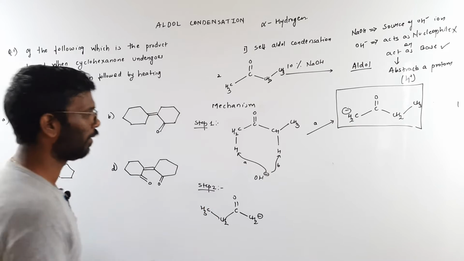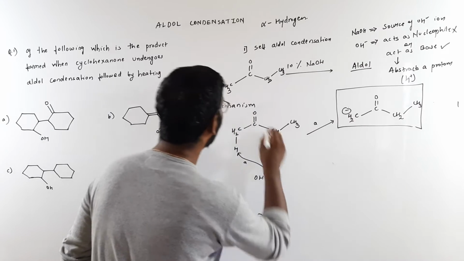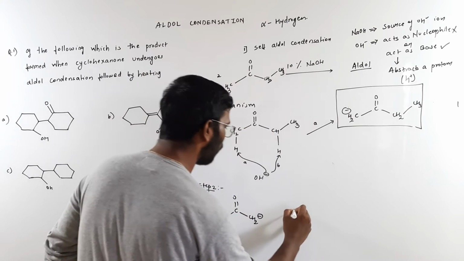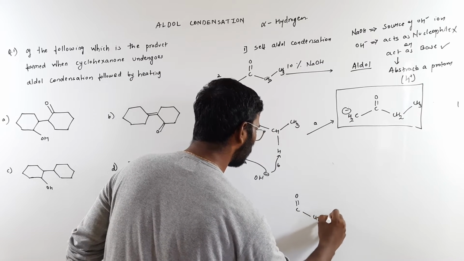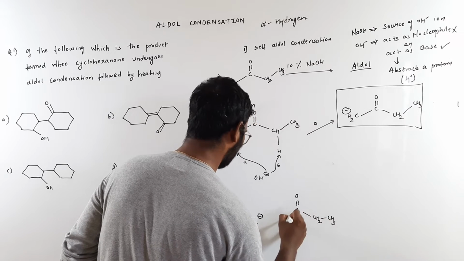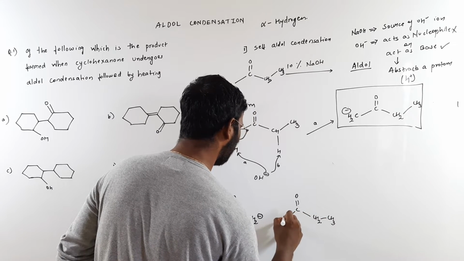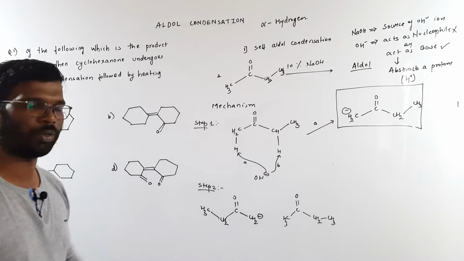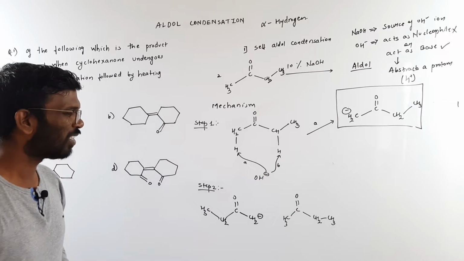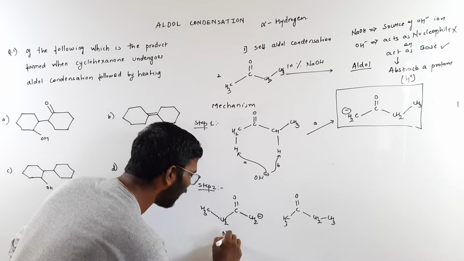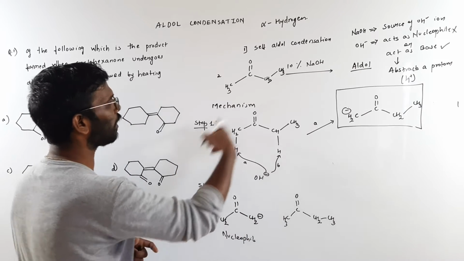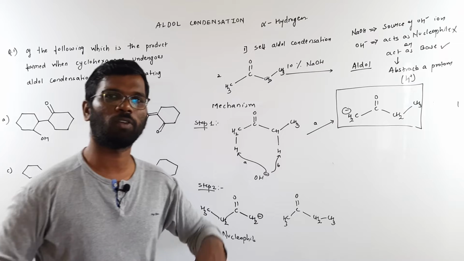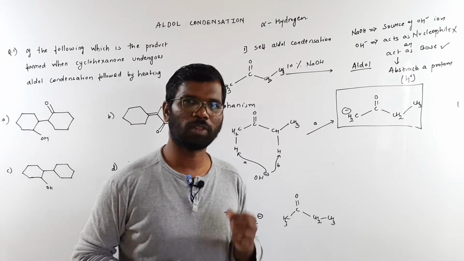Then this is the fresh molecule, a new fresh molecule that I am taking: C double bond O, CH2, CH3, and here I am writing CH3. Right, it's the same molecule, but a fresh molecule I have taken. So this is the nucleophile, acting as a nucleophile over here. So step 1 is the generation of the nucleophile by removal of the hydrogen.